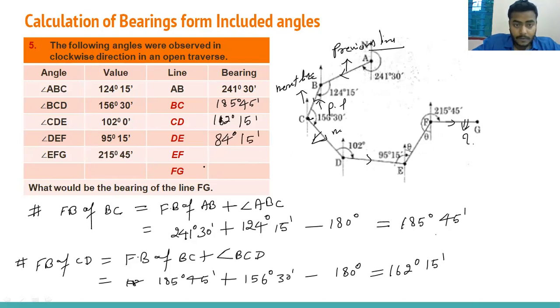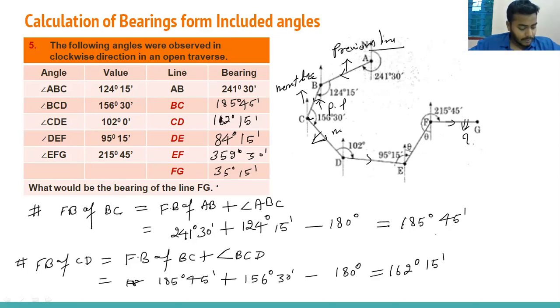For EF, 359 degree. Then for FG, that is 35 degree and 15 minute. So FG is this much of line.